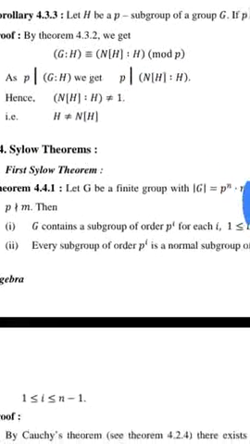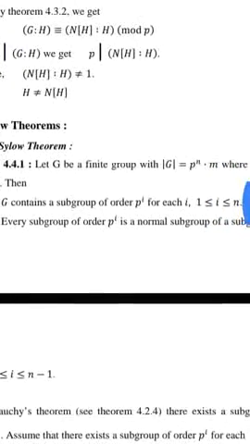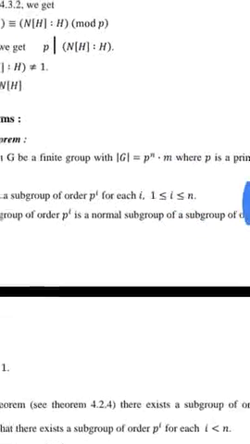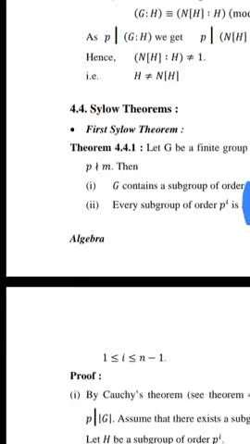As p divides the index of G over H, we get p divides the index of N(H) over H. Hence, the index of N(H) over H is not equal to 1. Therefore, H is not equal to N(H).